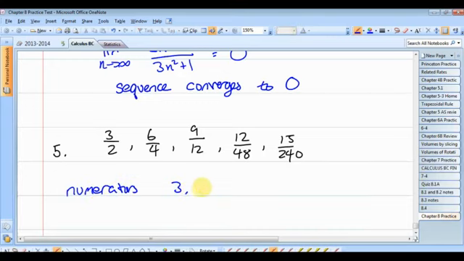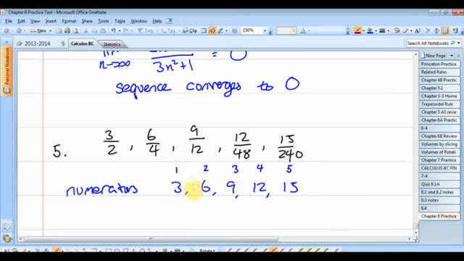We have 3, 6, 9, 12, 15. This is the first one, the second, the third, the fourth, the fifth. Do you see a relationship between this number on top and the number below it?